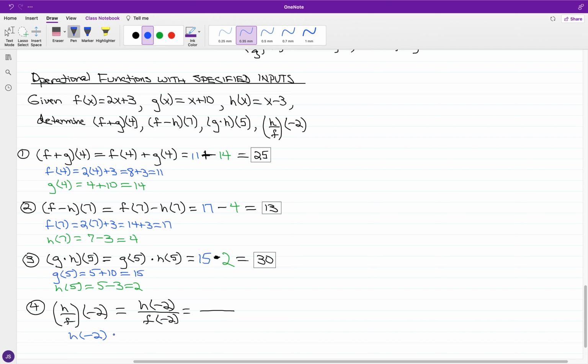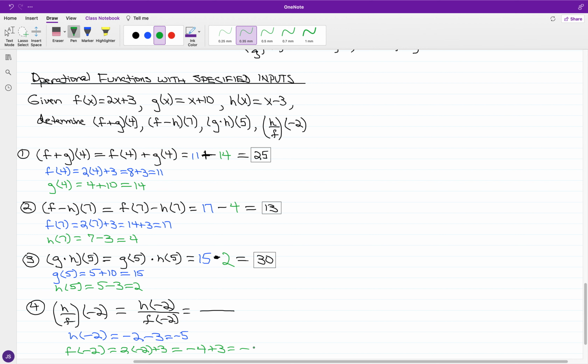And for h of negative 2, we got negative 2 minus 3, so you have negative 5. And for f of negative 2, again, you have 2 times negative 2 plus 3. So you got negative 4 plus 3, and that's going to be a negative 1.